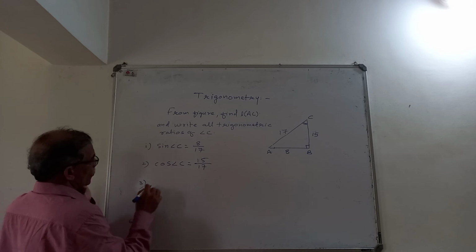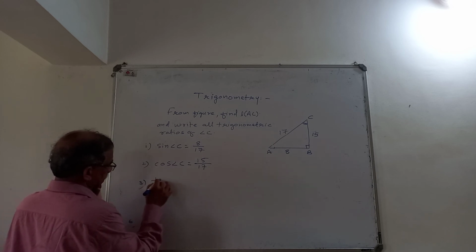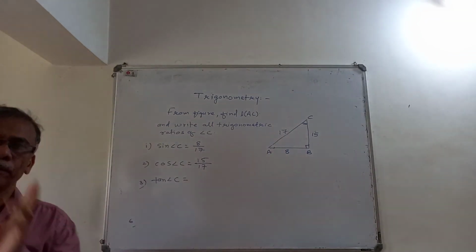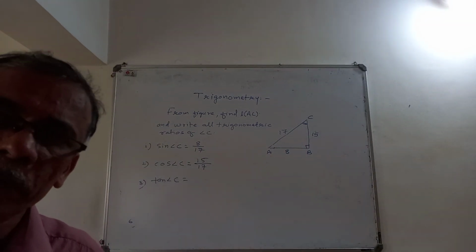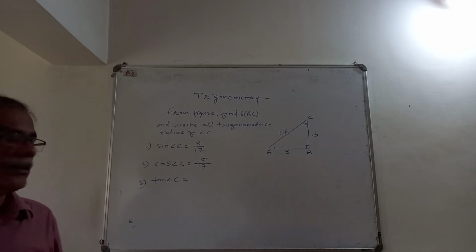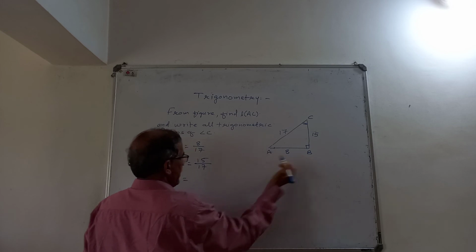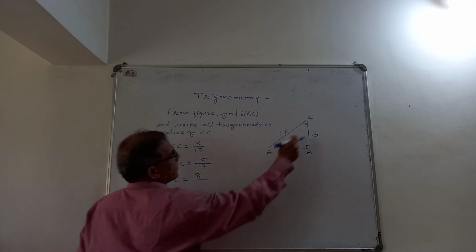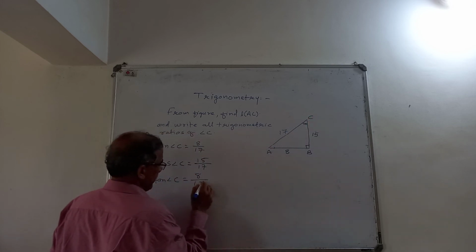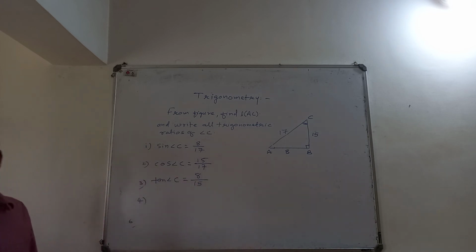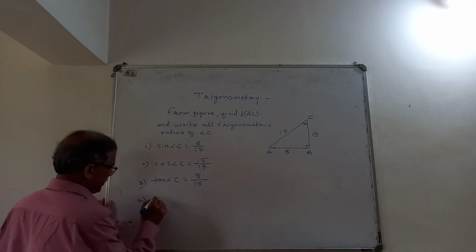Then third ratio, say tan angle C. Tan ratio of angle. Which side upon which side? Opposite upon adjacent. So now for angle C, which is opposite? AB, which is 8, upon adjacent CB, which is 15. Then fourth ratio, the inverse ratio of sin, which is called what?